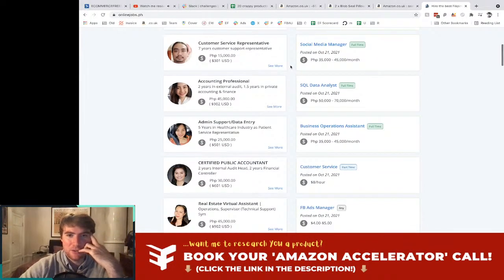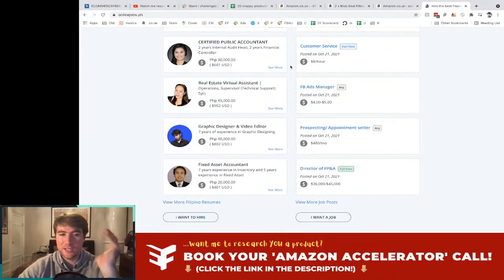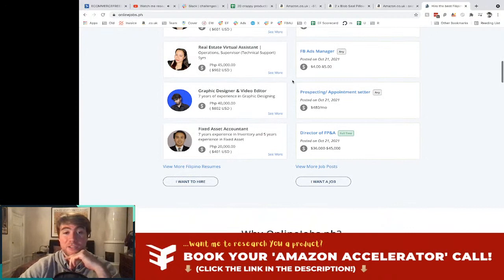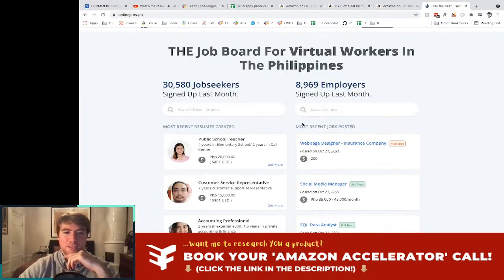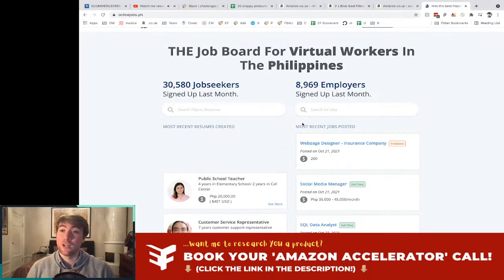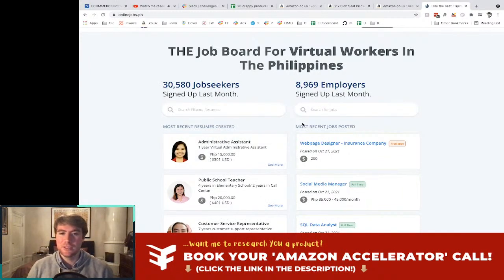These guys, in their currency, this is what a lot of people in Philippines aspire to do, because it's business process outsourcing. It's an industry for them where they earn a lot more than what they would earn in an office working at a Filipino company. So they're getting a great deal. We're getting a great deal. It just works.